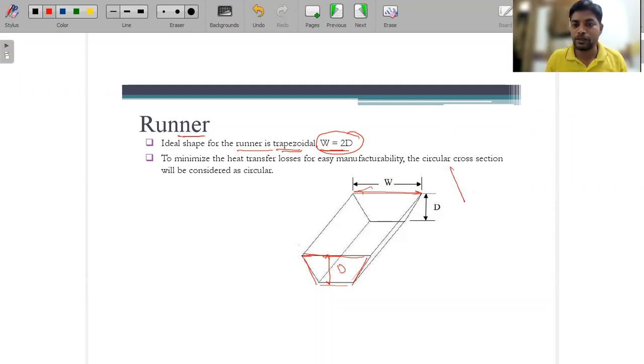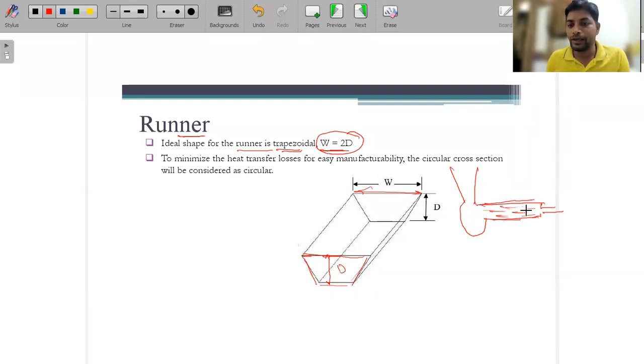For an example, this is a pattern, this is a sprue, and there is a choke or a skim bob, and then we are using this runner and the gate. The runner is a horizontal passage in which the material flows before entering into the gate.